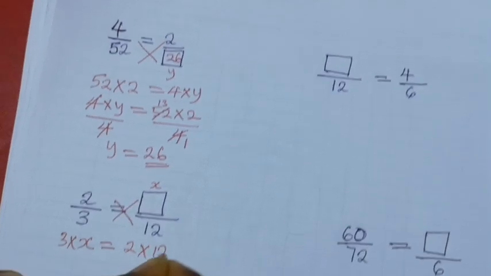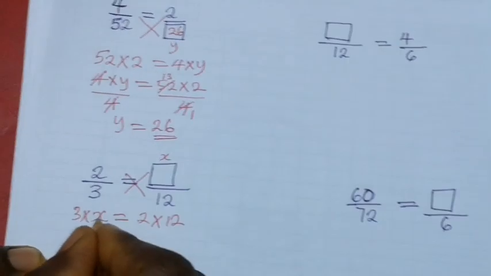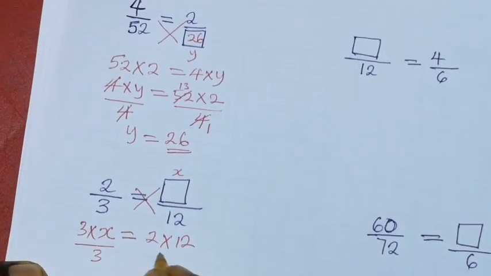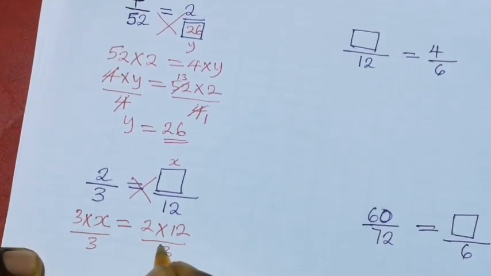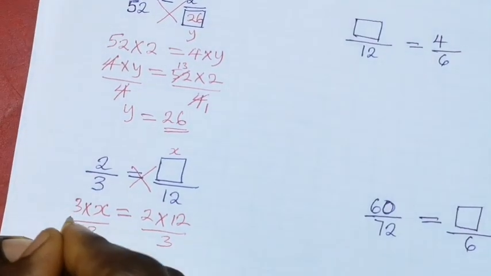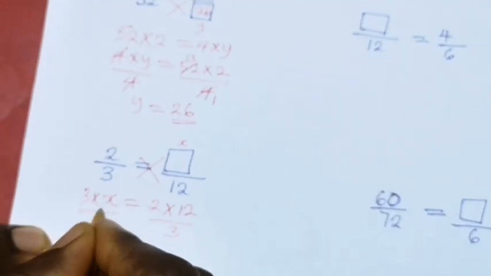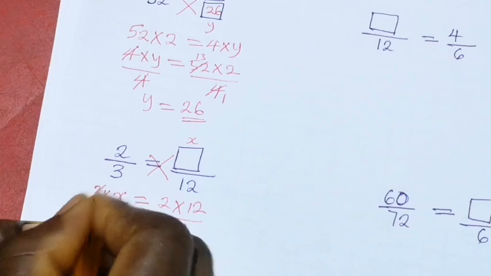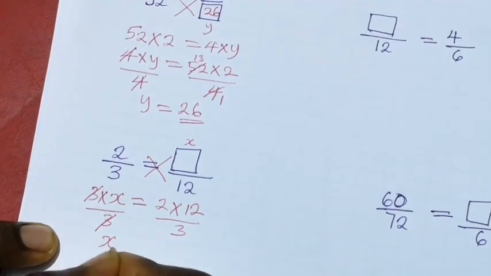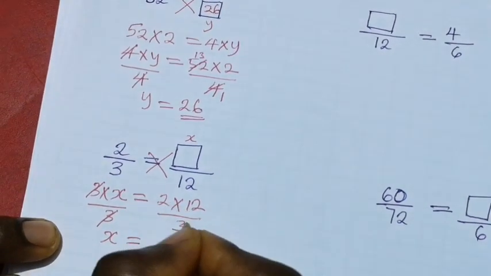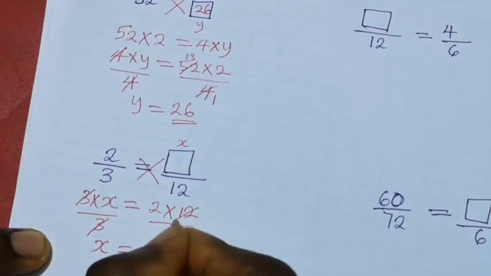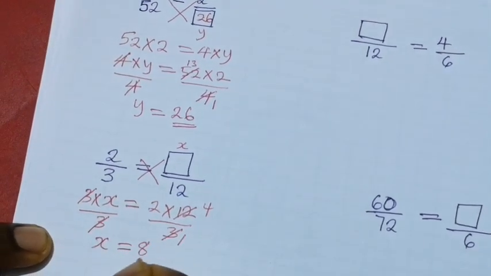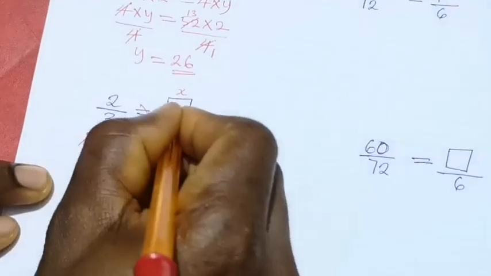Now, since I'm looking for x, I will divide both sides by 3. So I will always divide by the coefficient of the variable that I am looking for. Okay, so let me cancel here. I will have only x is equal to 3 here is 1, 3 here is 4, 4 times 2 is 8. So here is 8.